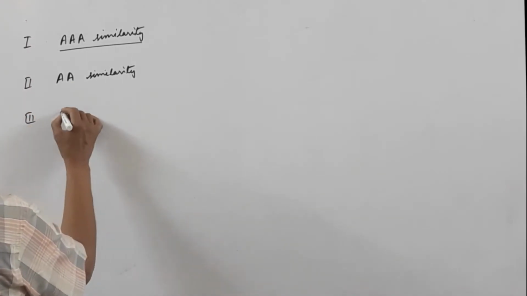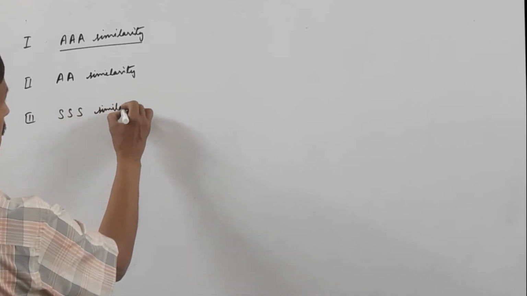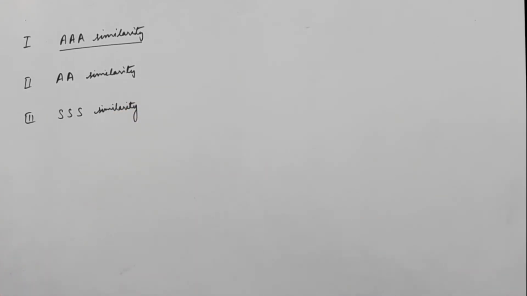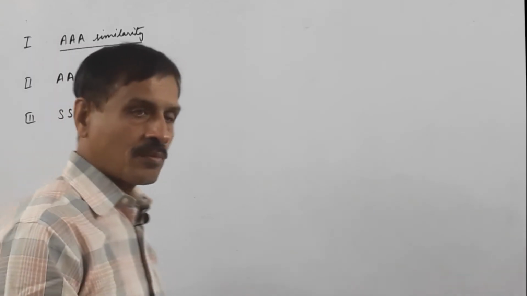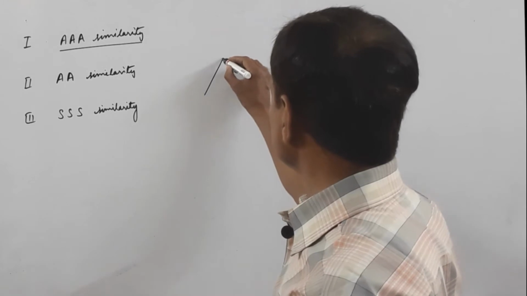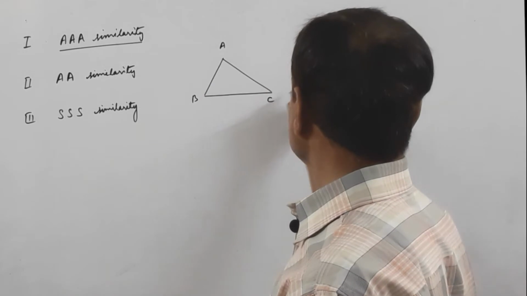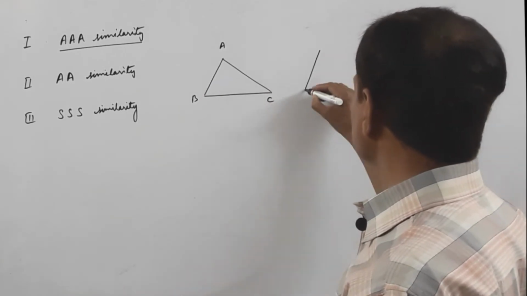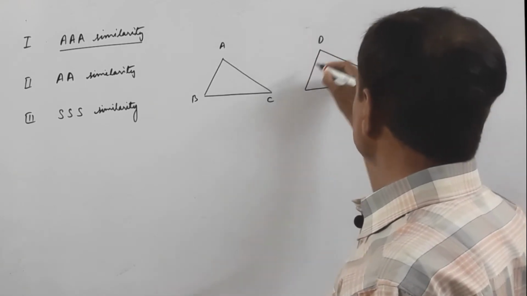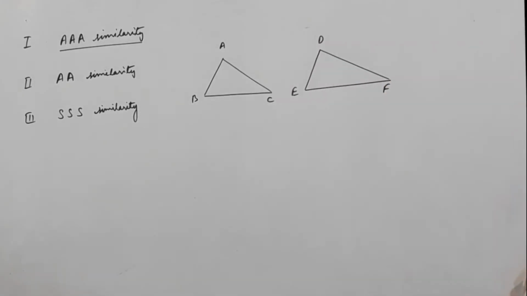Then third is SSS similarity. In this concept, if the three sides of one triangle are in the same proportion as the sides of another triangle, then triangles are similar.